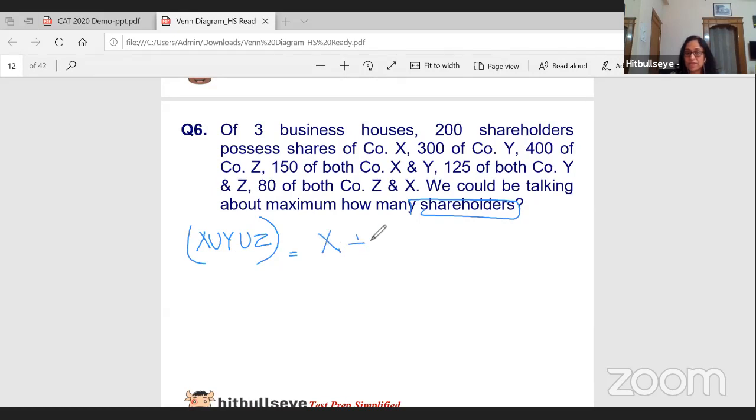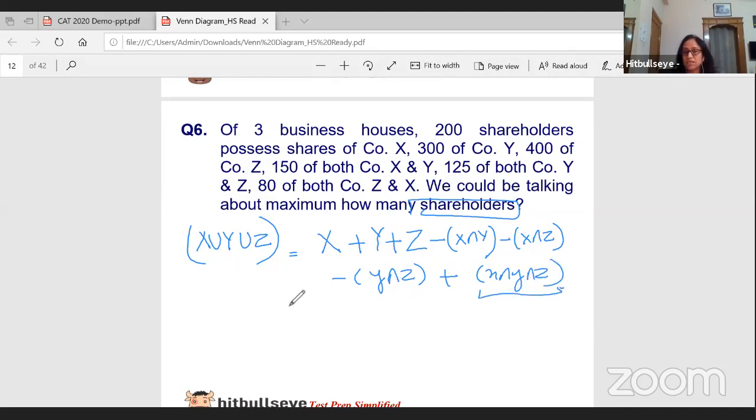Number of elements in X plus number of elements in Y plus number of elements in Z minus the intersection of X and Y, intersection of X and Z, intersection of Y and Z, plus the intersection of all three of them. This is missing in my question. Rest all values are given to me. So X is given to you as 200, Y is given to you as 300, Z is given to you as 400. Intersection of X and Y is given to you as 150.